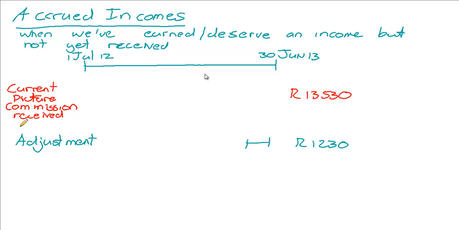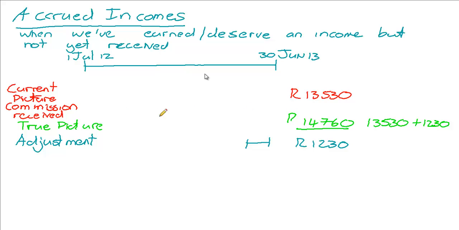So my true picture is then going to be, so we're going a little bit backwards here. Our true picture is then going to be the 13,530 plus the 1,230, and that is going to give me, do that in your head, 14,760. Right, so that's the true picture.